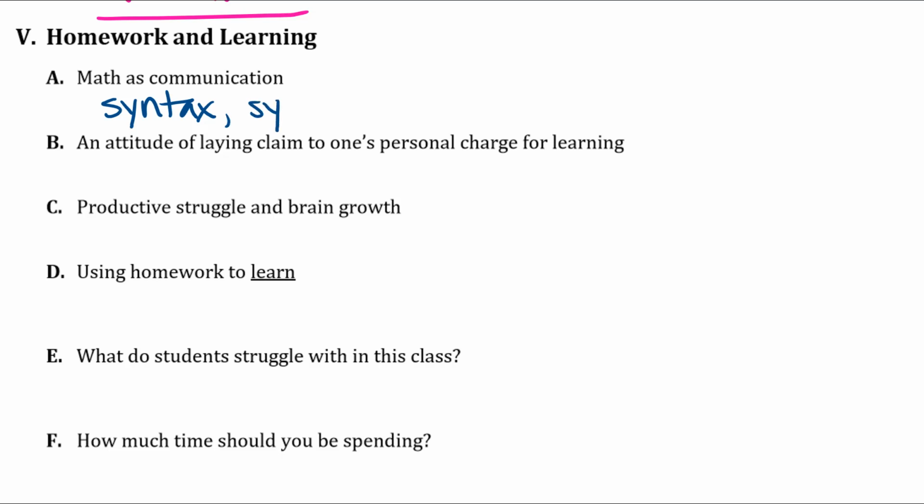You don't use a question mark when you mean an exclamation mark. And so the same thing is true in math, that you have to use the right symbols to communicate the right ideas. And the other important part about that is that justification is important. So when you start to think about math as a language, then it becomes more apparent why you need to pay attention to things like symbols and justification.